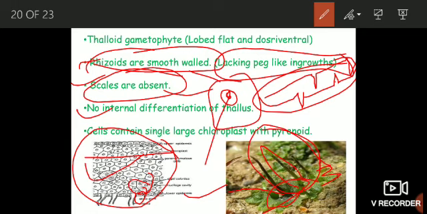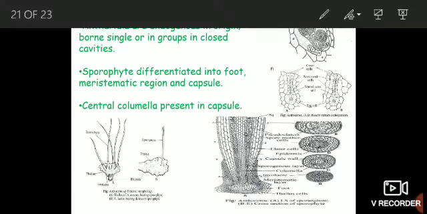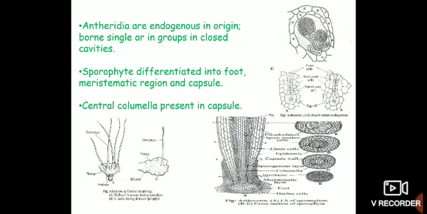Now, something about their sex organs. The sex organs in Anthocerotopsida are embedded in the thallus. And if you look at the antheridia in Anthocerotopsida, the antheridia are of endogenous origin. That means they arise from the subepidermal cells.